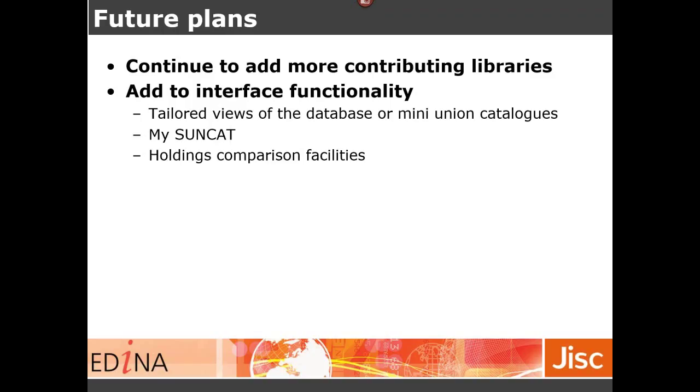I've already talked about, and you know about, the planned SALSER view on SUNCAT. However, we'd also like to add views for other groups of libraries, whether these are groups of libraries by geographic region or by subject area or some other sort of strategic consortia, as this effectively provides a mini union catalogue.